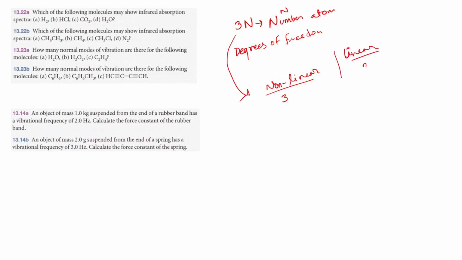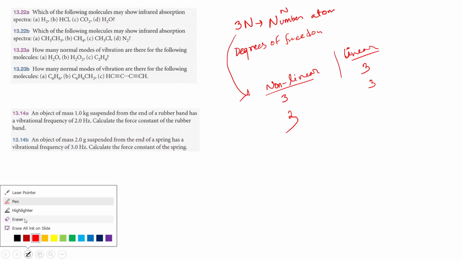That is also three. How many rotational degrees of freedom are there for nonlinear? Suppose it is rotating along the x-axis, then your y and z are the sorry, I have written it differently. It is three for the nonlinear and two for a linear.